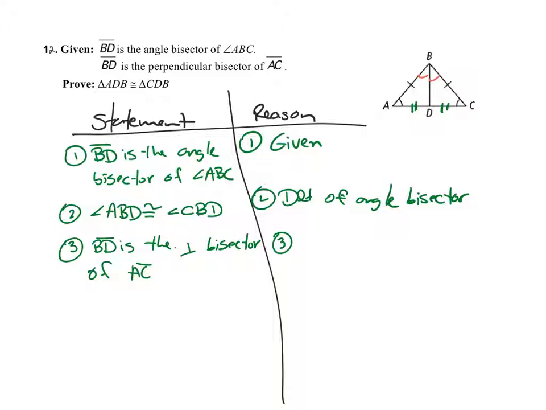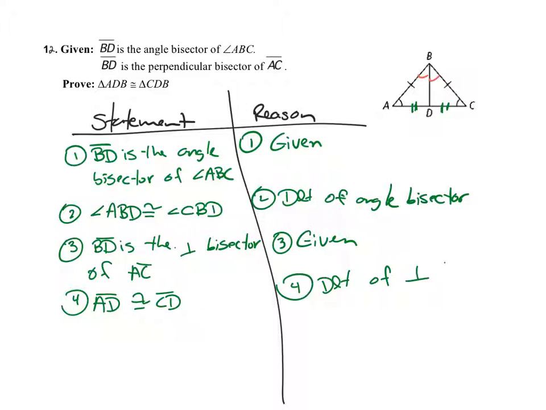So this is given. AD is congruent to CD. This is by definition of perpendicular bisector.